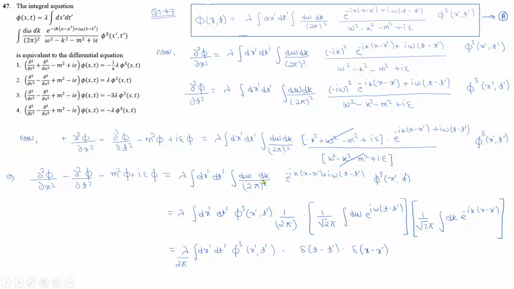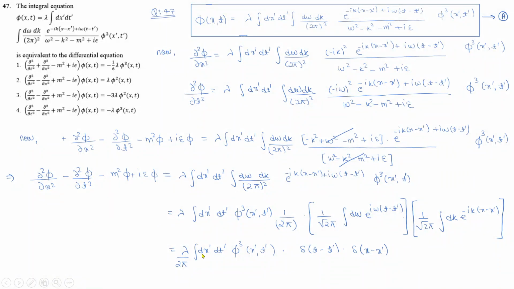Now I will divide this 2 pi into 1 over 2 pi as well as root 2 pi and root 2 pi. Why am I doing this? Because if I do so, then this particular bracket will give me the general formula for a Dirac delta function, with t minus t prime here, and this other one will give me the Dirac delta function with respect to this x variable. So these two will give me two Dirac delta functions, and this 2 pi I can place at the front.